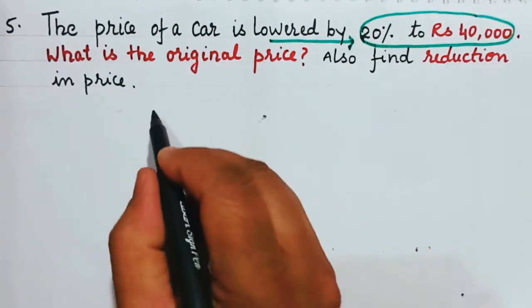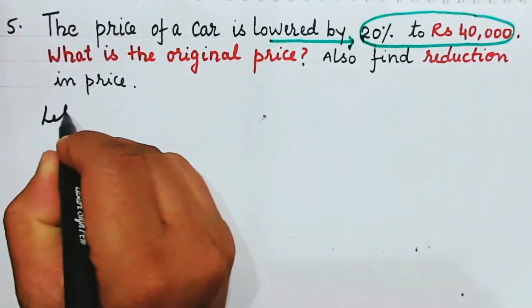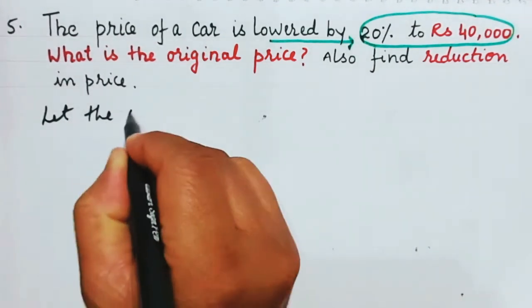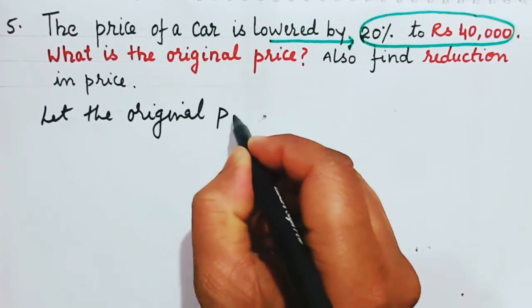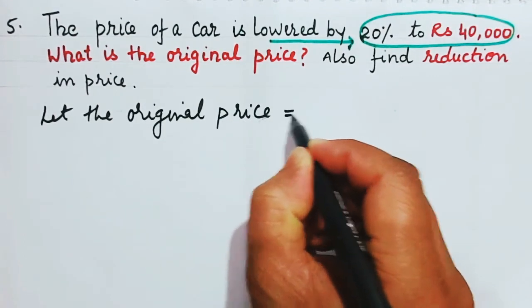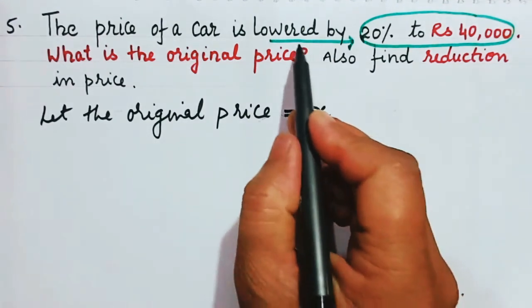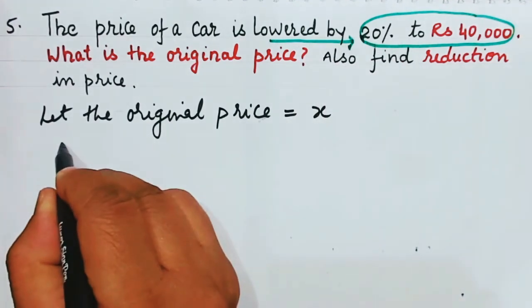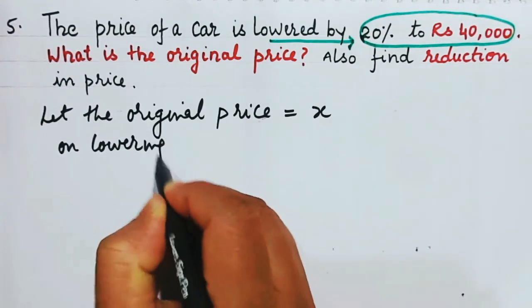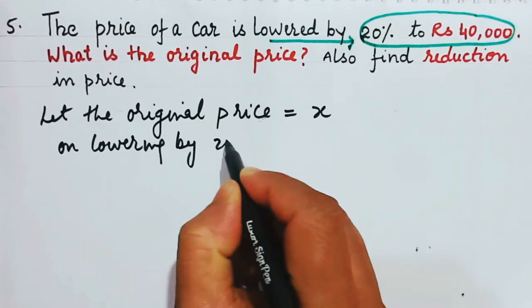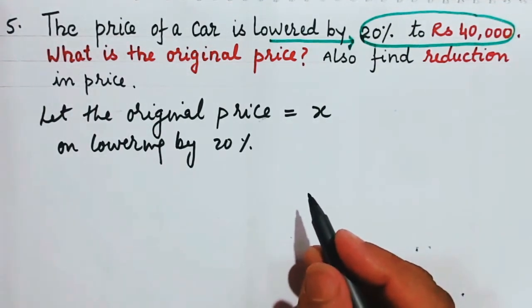This means if I take the original price as X, then on lowering by 20%, what will happen?